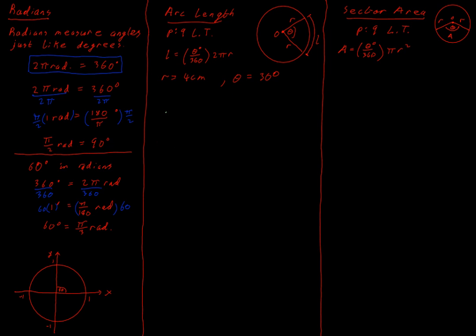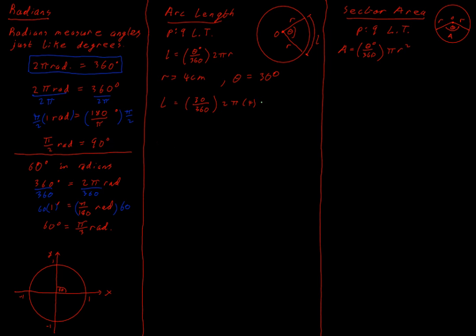So let's sub that into my formula and see what arc length I get. What length around here do I get? So I have L is equal to 30 out of 360. What fraction of the circle have I gone around? Times 2 pi times 4 for my radius.